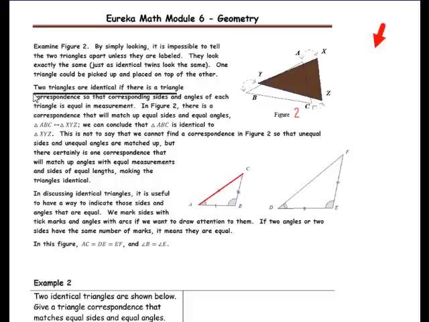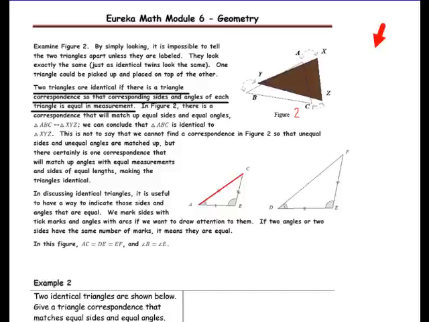Two triangles are identical if there is a triangle correspondence so that the corresponding sides and angles of each triangle are equal in measurement. So I think our opening question was, how do you tell if two triangles are identical? Well, you match up the corresponding sides and angles, and if the sides are equal in measure and the angles are equal in measure, then the triangles are identical.